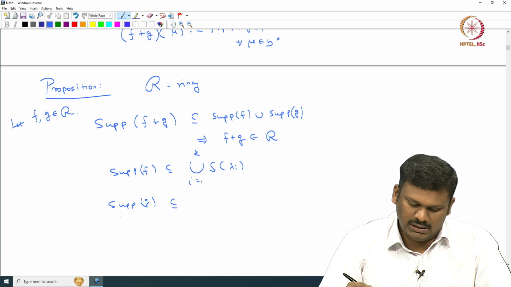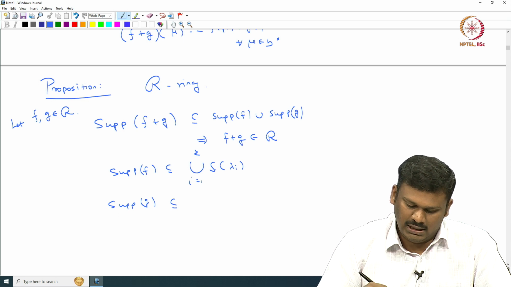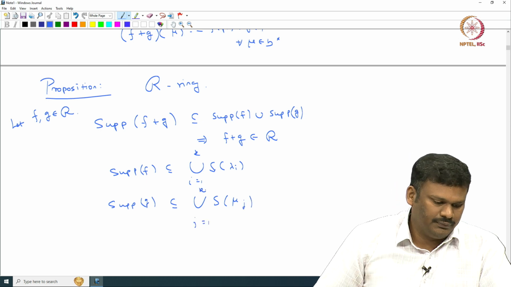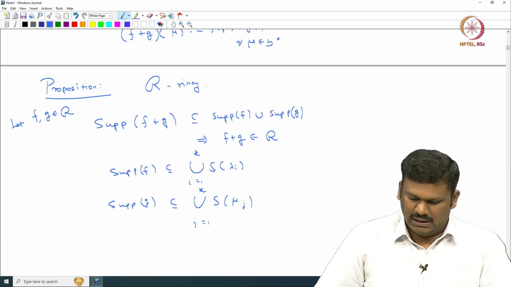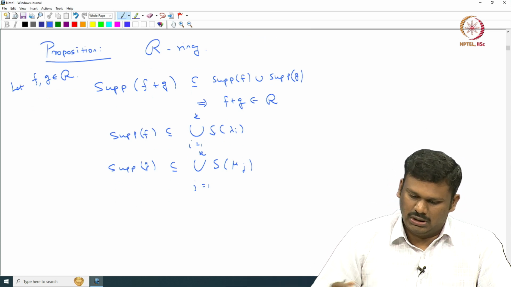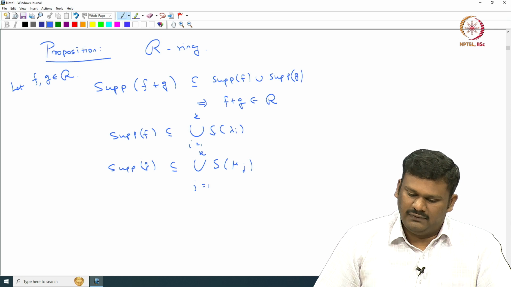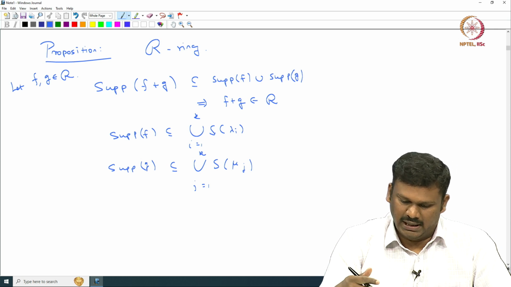So, the support of g is contained in the union of s of mu j, j ranging from 1 to k again. We can just add the extra terms on the right side and match the number of s of lambdas and s of mu's, so that they are the same.